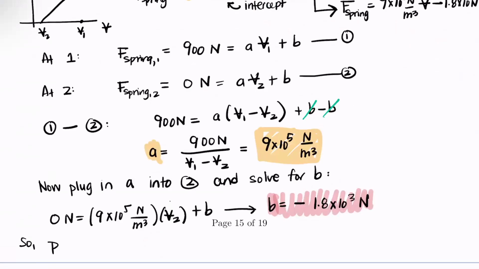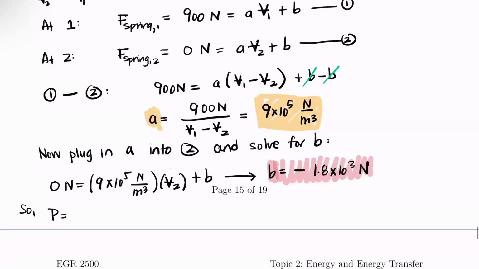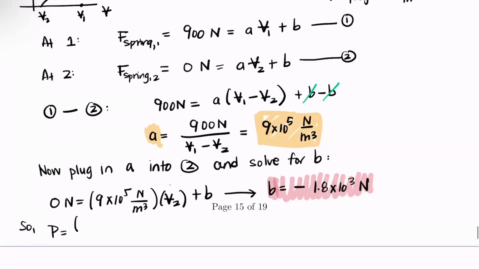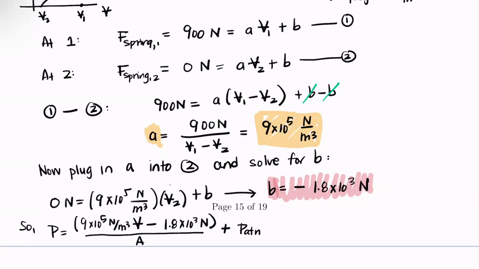So we have that pressure is equal to the force of our spring, which is 9 times 10 to the 5th newtons per meter cubed times volume minus 1.8 times 10 to the 3 newtons, divided by area plus P atmosphere.